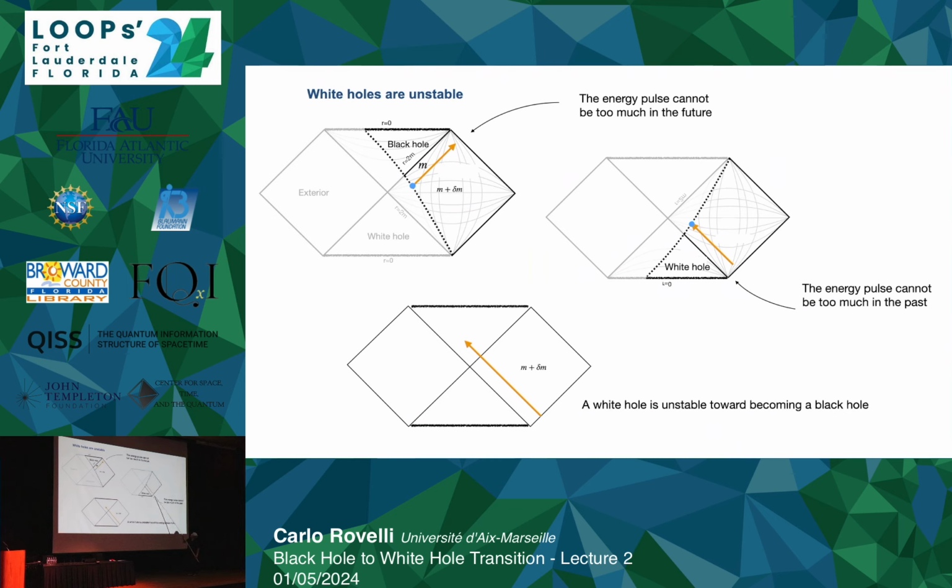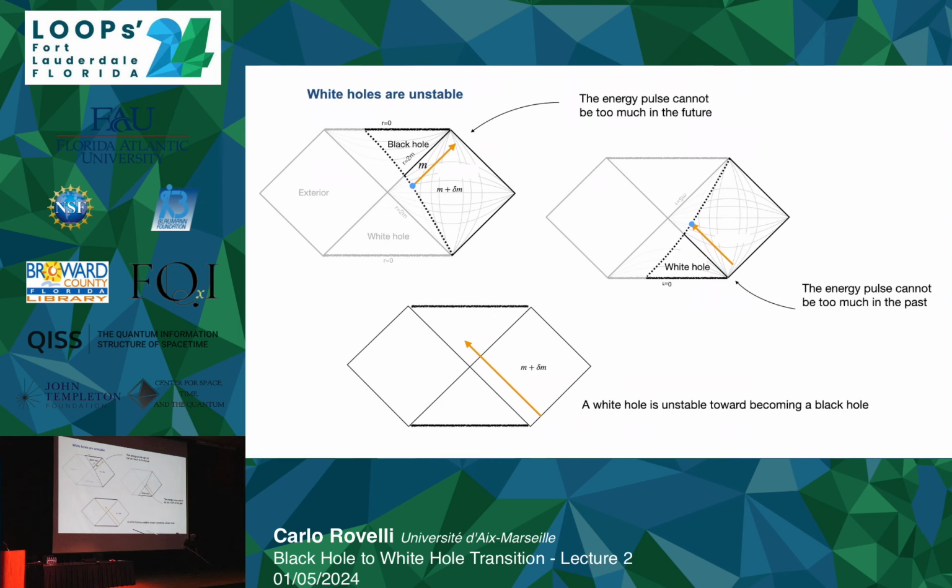It means that in order to have, this is a white hole, an eternal white hole, you cannot input energy here. Fix an amount of energy delta m, you cannot send an energy delta m here arbitrarily early in time. So for every amount of energy delta m, you can go sufficiently early in time, and this doesn't work.